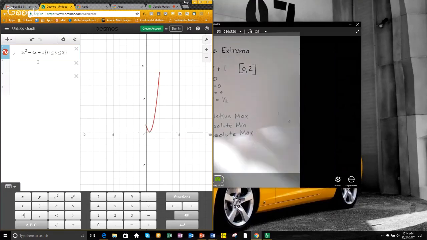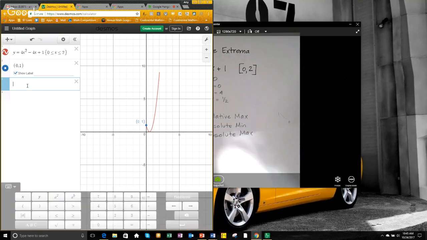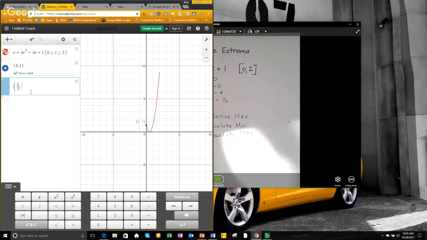And there it is. And you can see from the curve that we are correct. If I were to plot these points, we would say 0, comma 1. I'm not as good at typing as you guys are. So this would be, no, I'm sorry, 1/2, comma 0.